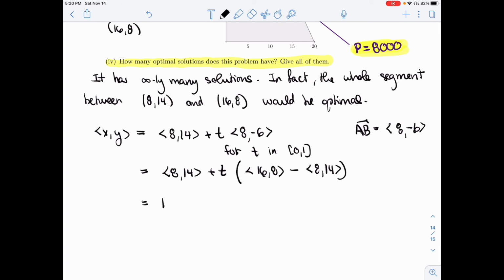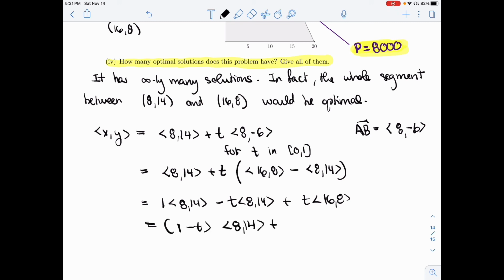So I'm going to get 1 times (8, 14) minus T times (8, 14) plus T times (16, 8). And so I'm getting (1 minus T) times (8, 14) plus T times (16, 8), and again for T in [0, 1].